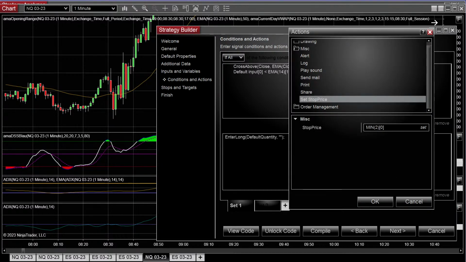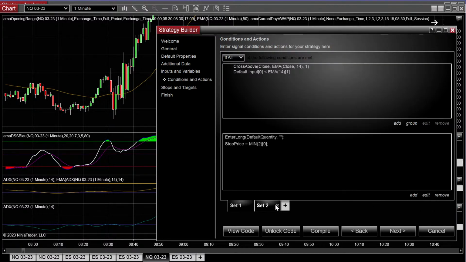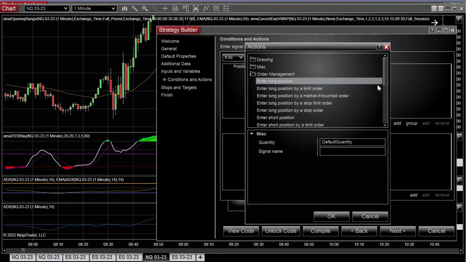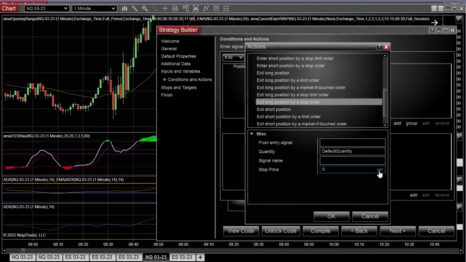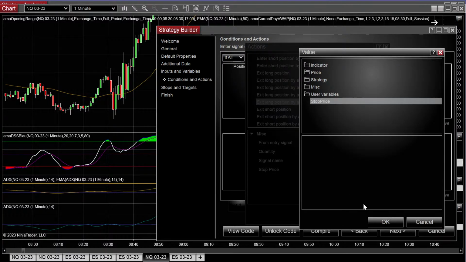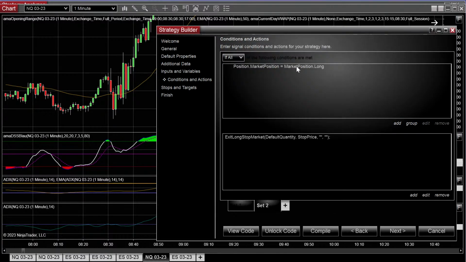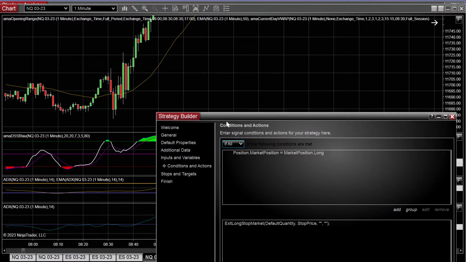Stop price, 2-period low. Then we're going to check that we're long, and then say exit long position by a stop order, putting it as a stop price. So we're long. That's our stop price. And now we have an exit.